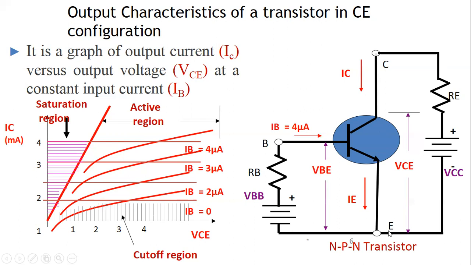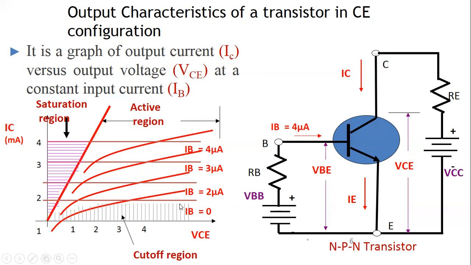We can say that this device is turned off because that very small current is not going to drive whatever load resistance we connect at the output. So you can say that this region is the cutoff region, where the device is off. It happens when IB equals zero.